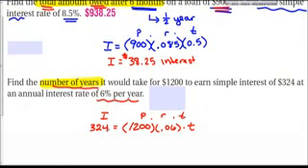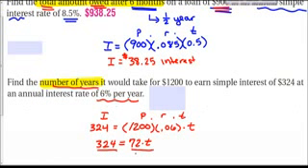$324. So by doing some of the calculations here, the 1200 times the 0.06, we can figure out that on this side I get $72. Essentially, this is now saying that you will get $72 each year. And the question is, how many years does it take before you've accumulated $324?